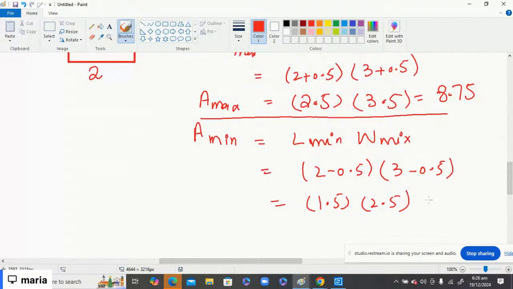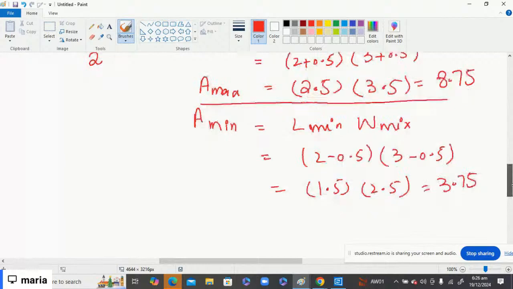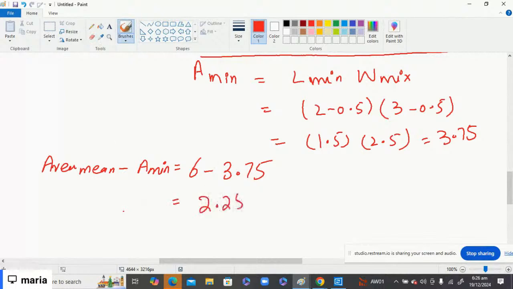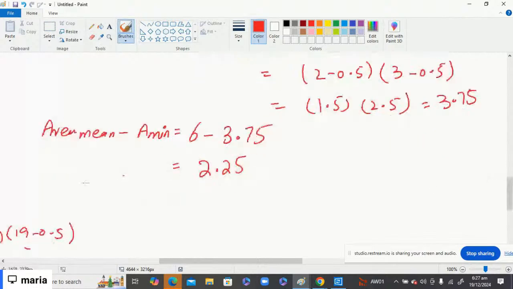This is 3.75. Now you are finding the mean area minus minimum area. 6 minus 3.75. What is the answer? Oops, here is subtraction. Okay, that is 2.25.